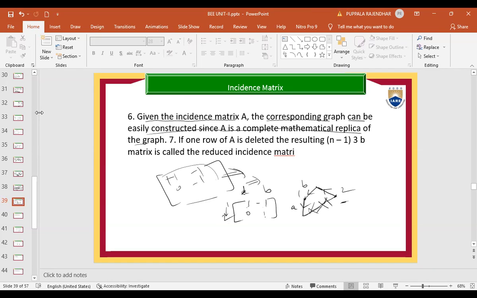Now, if one row of A is deleted, the resulting (n minus 1) matrix is called the reduced instance matrix. Here I will explain an example. There is a generator here, connected to one transmission line, line 1.